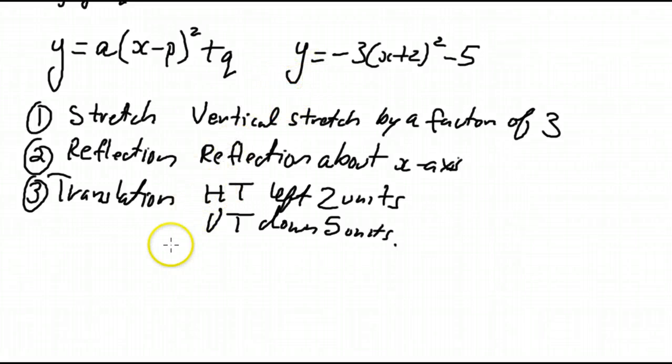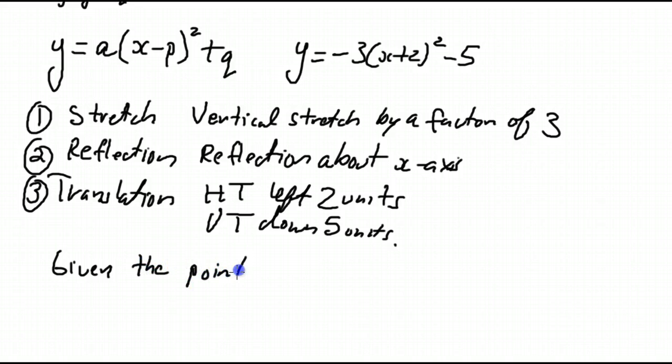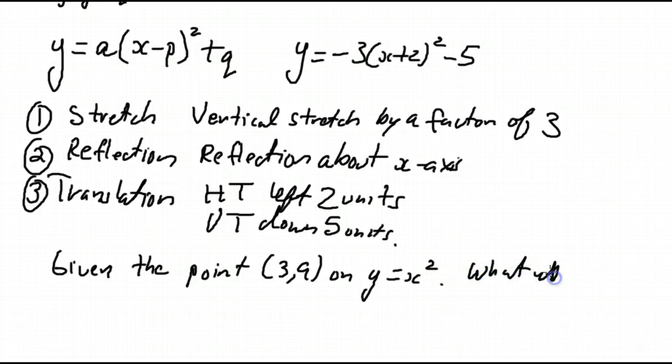Also, what we might want to do is say, let's say I was given the point (3, 9) on y = x². What is its image point? Given the above transformation.